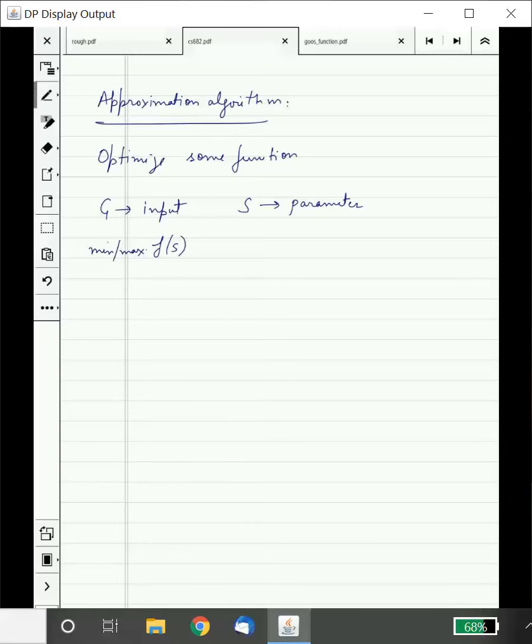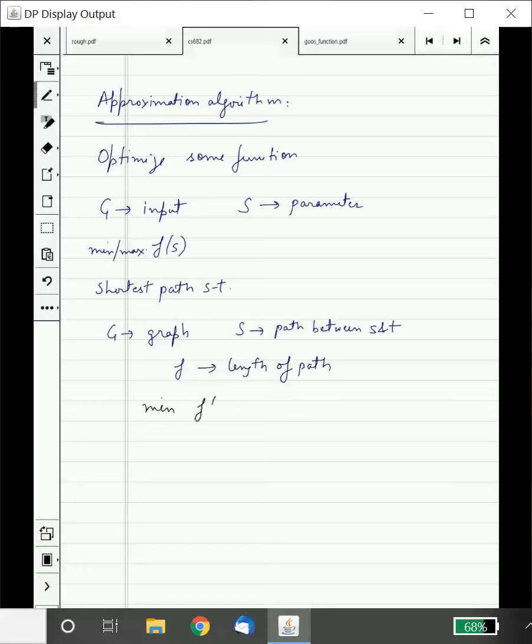For example, in the shortest path case, my G will be a graph, s would be a path between S and T, and f would be the length of the path. We want to find the minimum of f of s. This is our task in the shortest path problem.